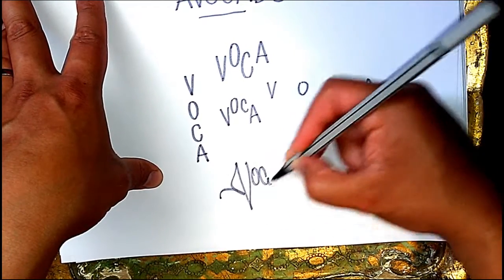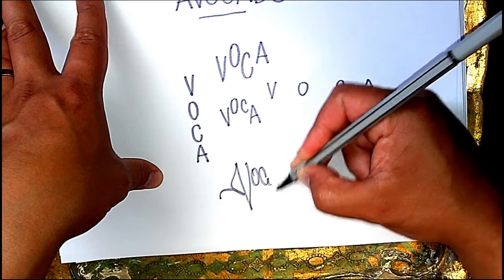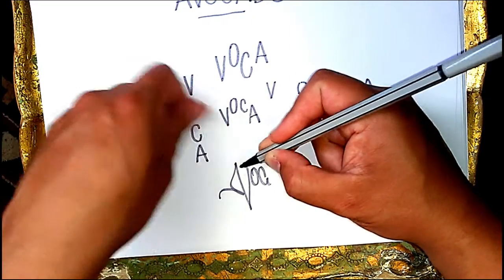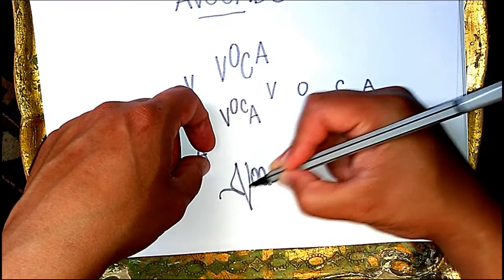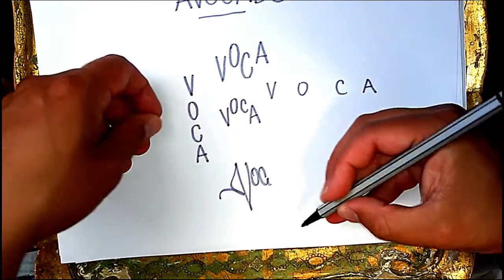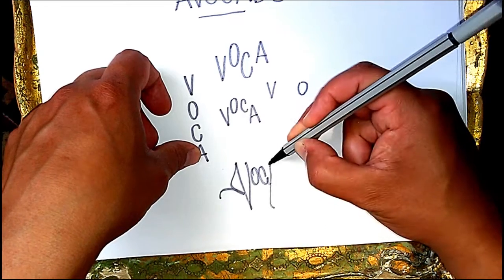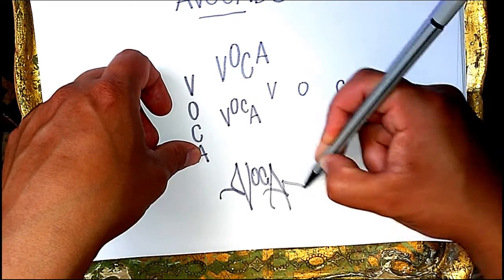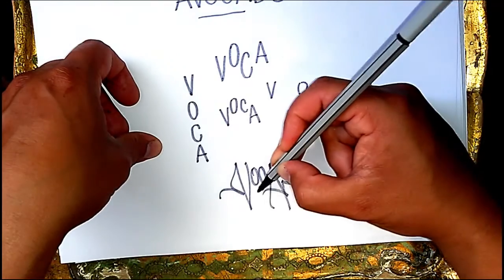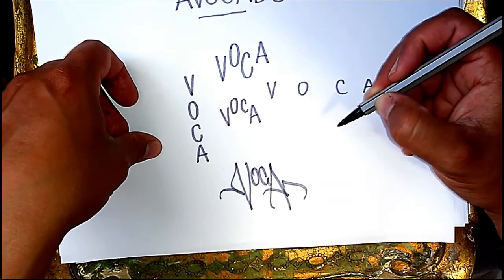And then your A, or whatever letter you end with, you want to be almost a mirror image of this letter here, or equal in size or style. So I'm gonna take this here and boom. Okay, Voca.